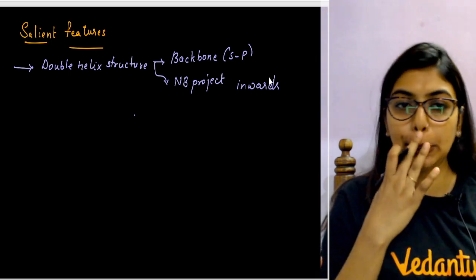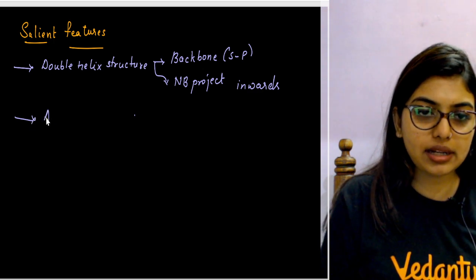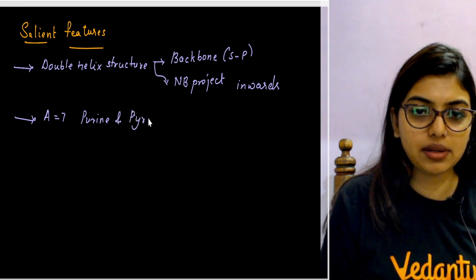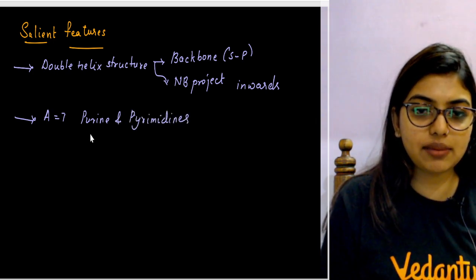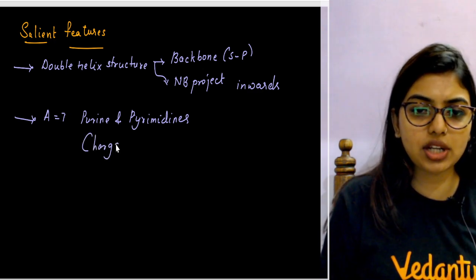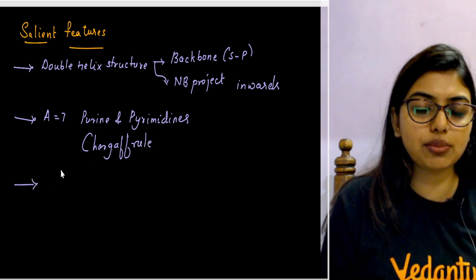Next, you'll remember adenine and thymine, the purines and pyrimidines, binding with hydrogen bonds. Write the number of hydrogen bonds and mention the Chargaff rule. I'm just telling you how to write, so that you know which points to write.